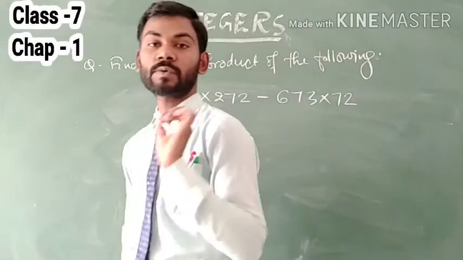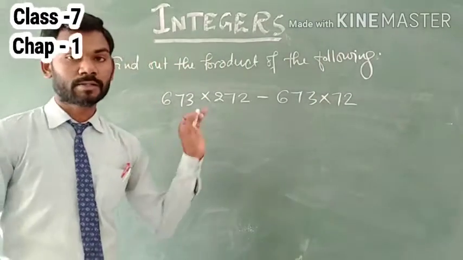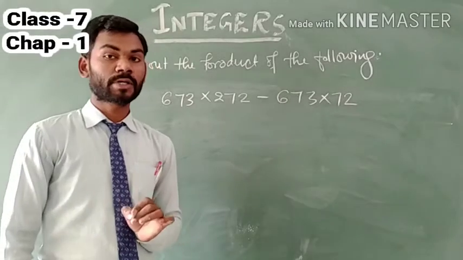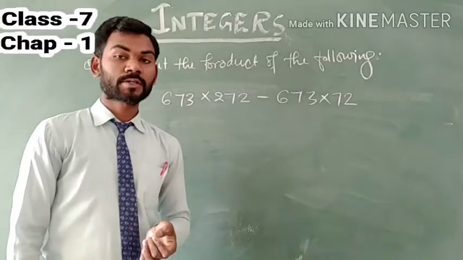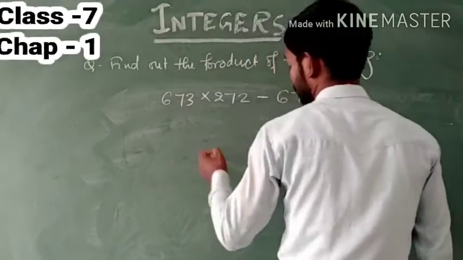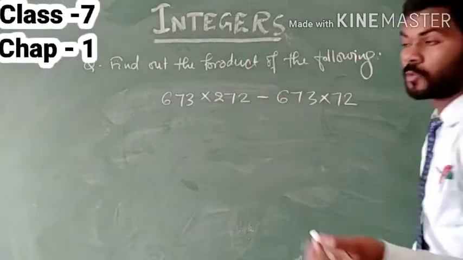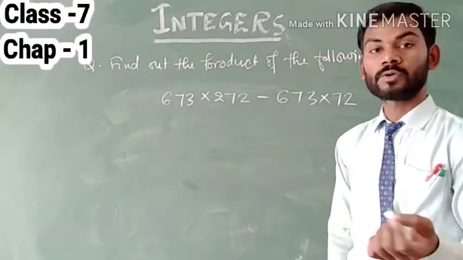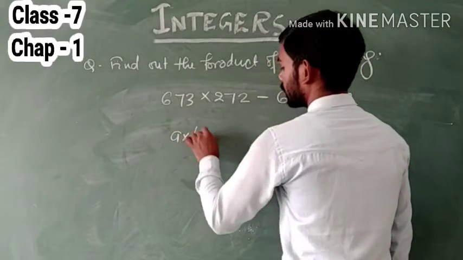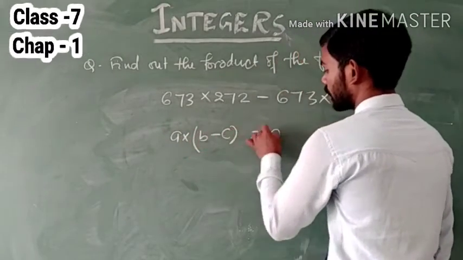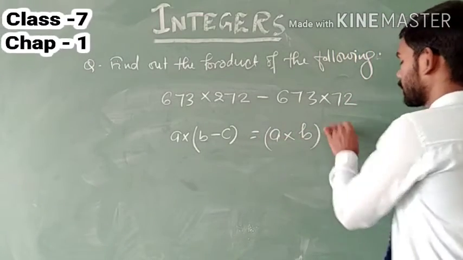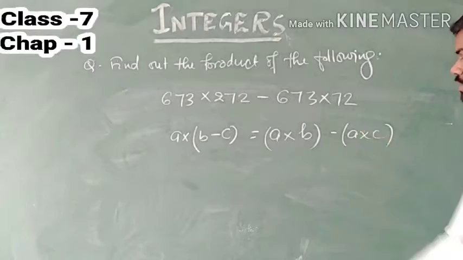If we see this question, we shall find that this question is based on the distributive property of multiplication over subtraction, and the distributive property of multiplication over subtraction is written as a multiplied by (b minus c) is equal to a multiplied by b minus a multiplied by c.